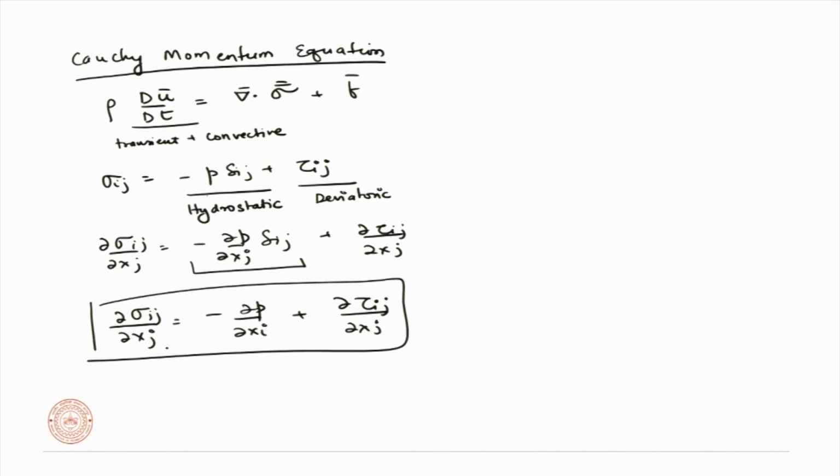That gives us, integrate this over the volume, you will find that this is your pressure force and this is your viscous force. So, that is the origin of your pressure term, and the deviatoric stress tensor is what gives you the viscous terms.